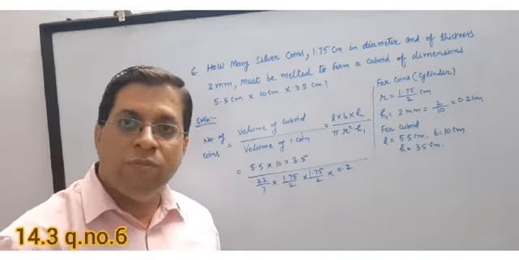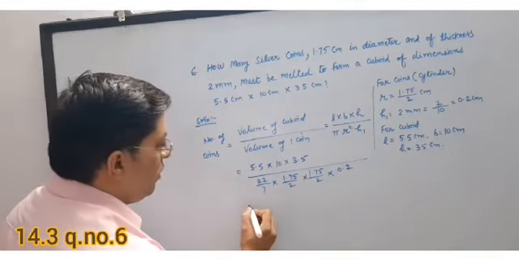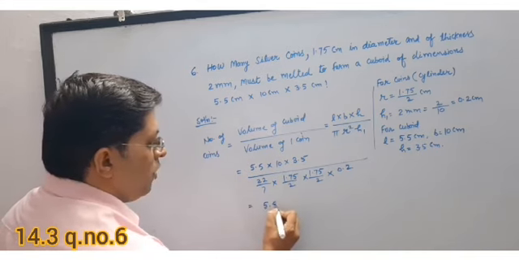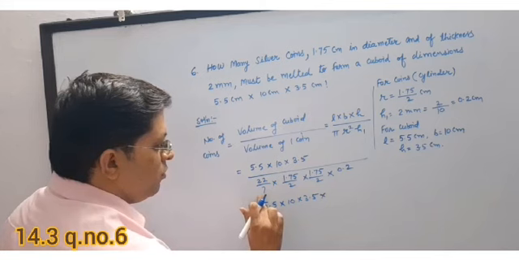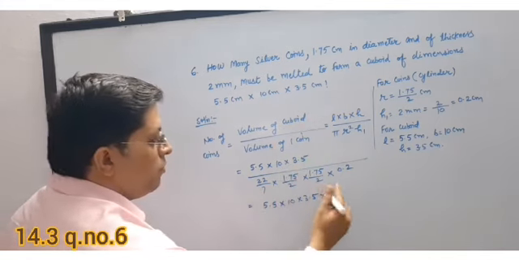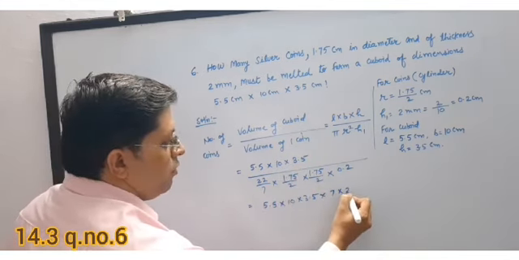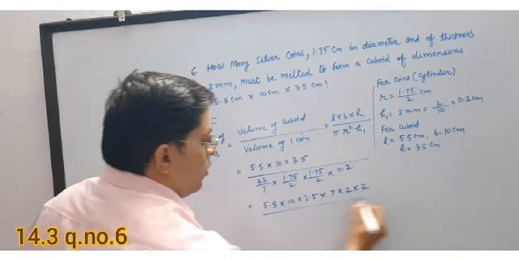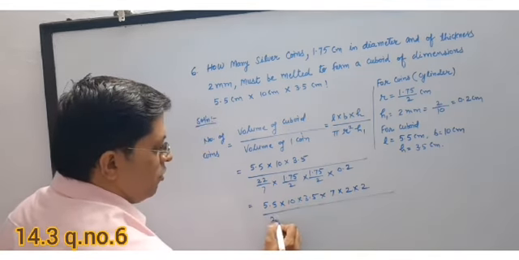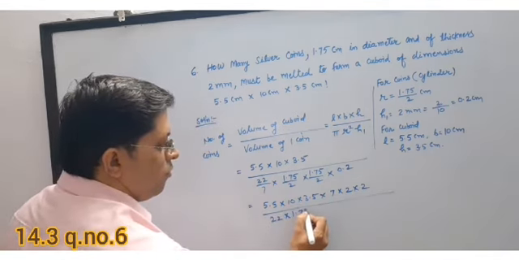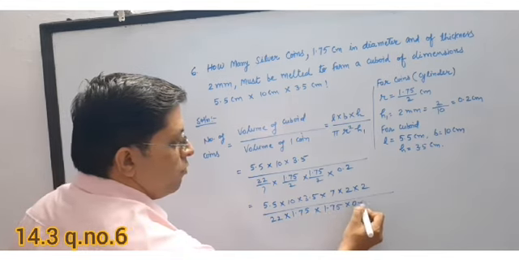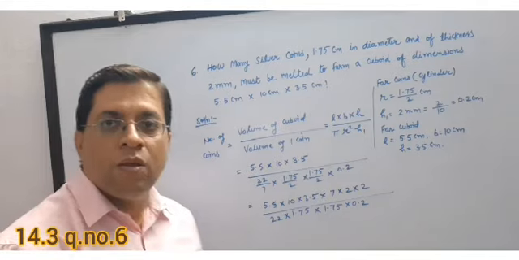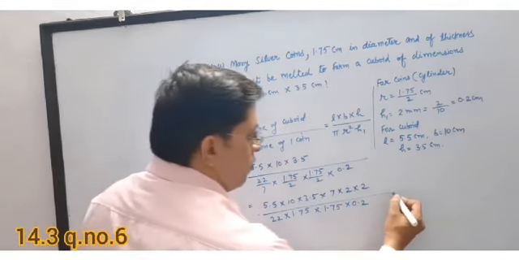This we have to simplify. 5.5 into 10 into 3.5, and these denominators will go up: 7 into 2 into 2. What is remaining is 22, 1.75, 1.75 into 0.2.